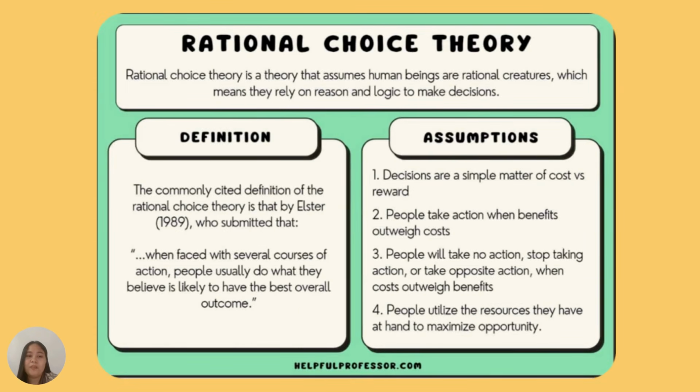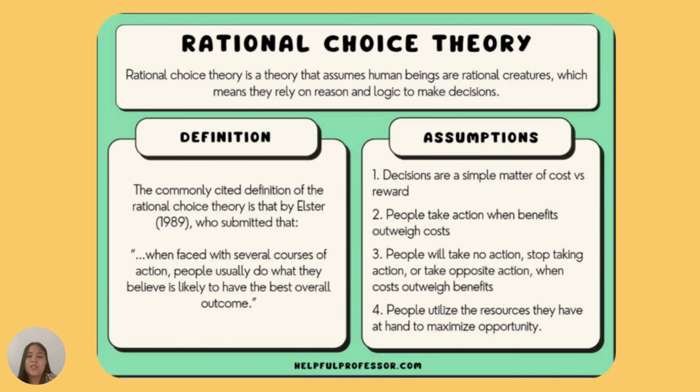Rational theory assumes human beings are rational creatures, which means they rely on reason and logic to make decisions. The commonly cited definition of the rational choice theory is that by Elster 1989, who submitted that when faced with several courses of action, people usually do what they believe is likely to have the best overall outcome.